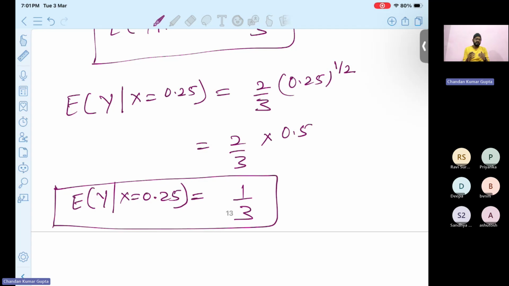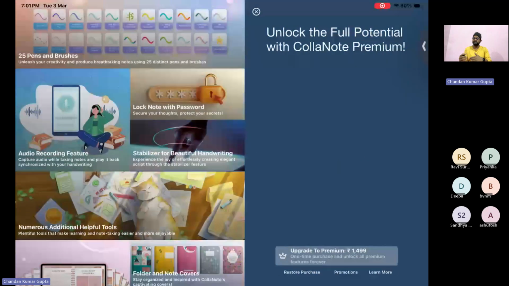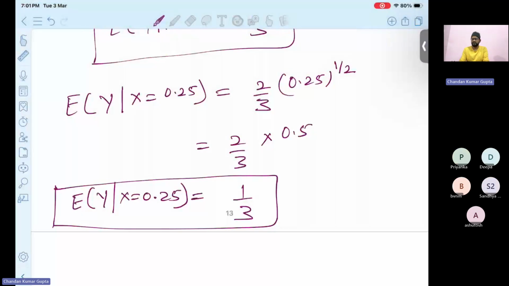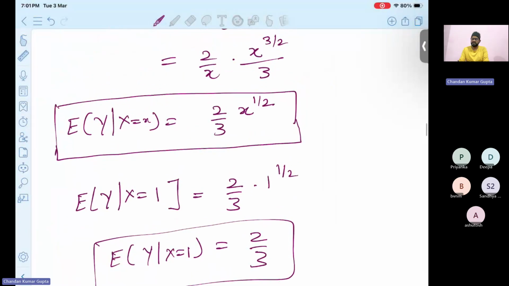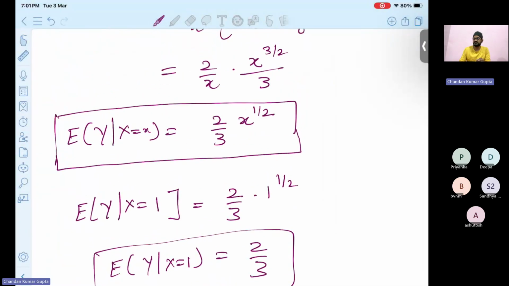So when we are given a conditional value that x is equal to a particular value, you can put that value after solving the general expression. Since in this question we need to calculate y given x is equal to x, it's 2 by 3 x to the power 1 by 2.